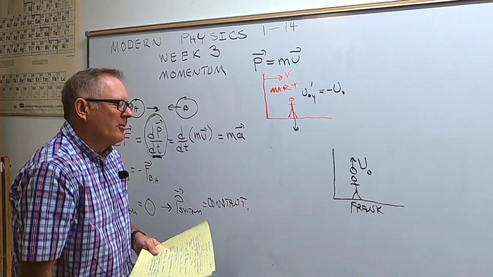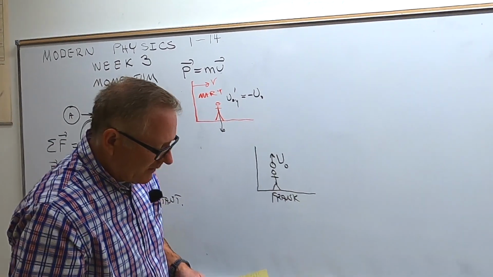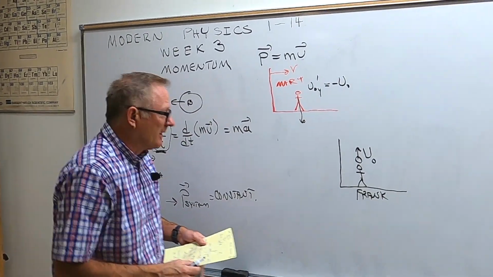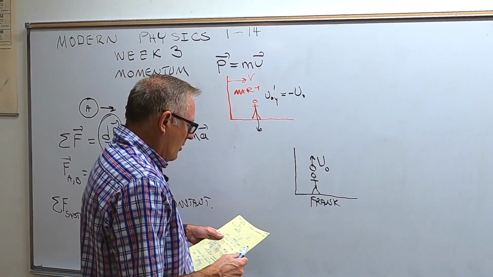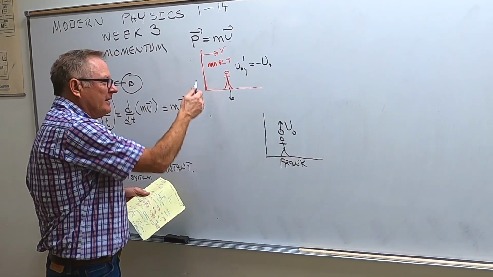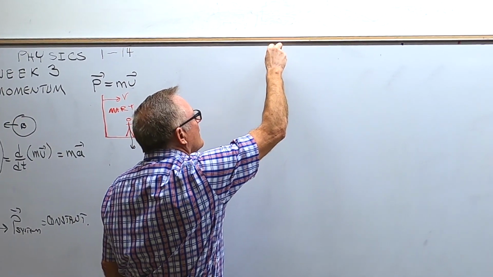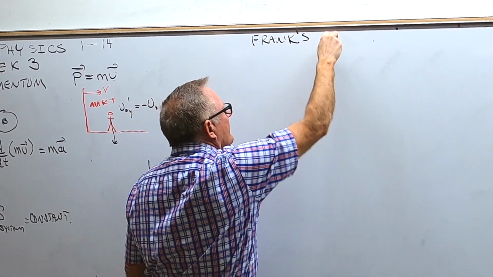So we have to really be careful about how we handle this so we don't get mixed up with all this nomenclature. So what we'll do is look at it just from Frank's perspective, not from Mary's perspective. So this is all going to be done from Frank's perspective.